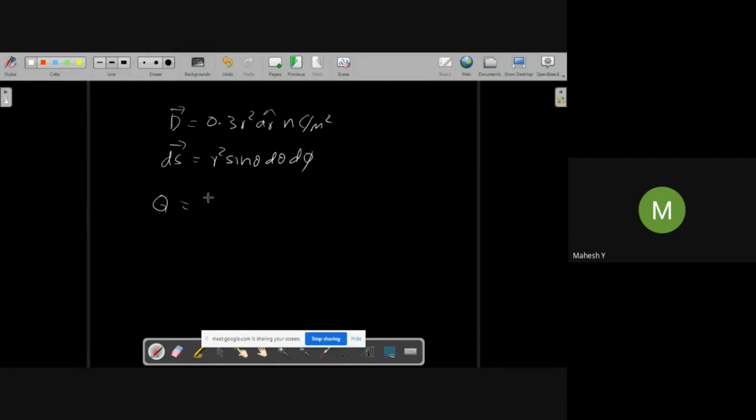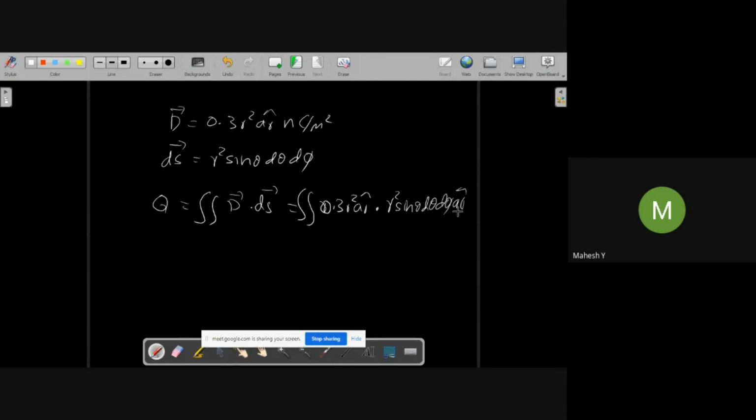and total charge Q is equal to double integral D dot ds. So that will be double integral 0.3 r square ar cap dot r square sin theta d theta d phi ar cap.